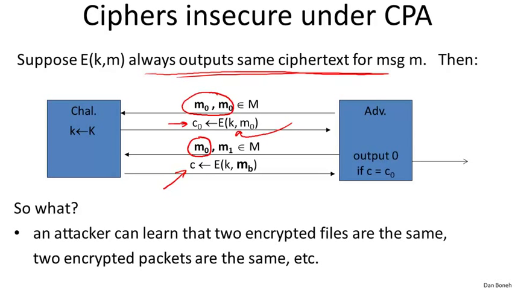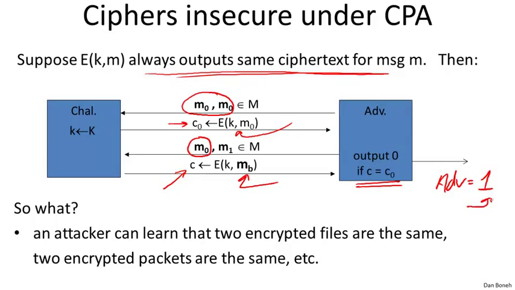So all the attacker does is he just checks if C is equal to C0, he outputs 0. Otherwise, he outputs 1. So in this case, the attacker is able to perfectly guess this bit B, so he knows exactly whether he was given the encryption of M0 or the encryption of M1, and as a result, his advantage in winning this game is 1, meaning that the system cannot possibly be CPA secure. 1 is not a negligible number.